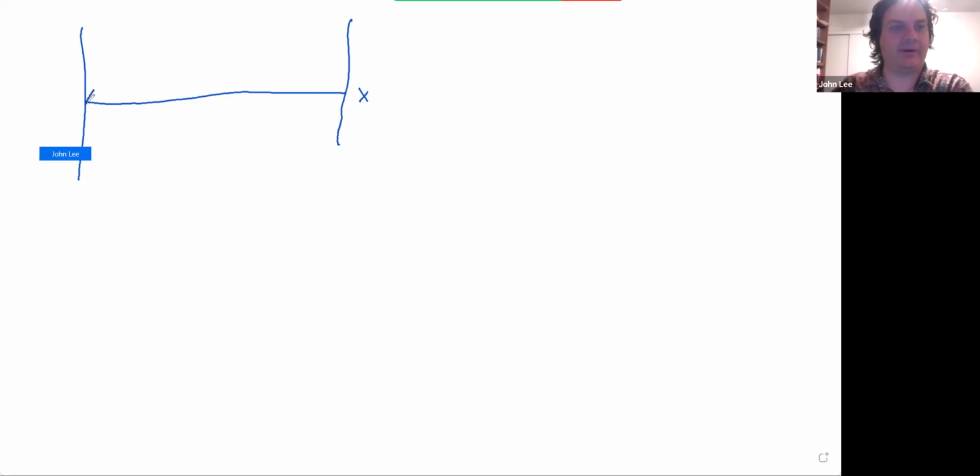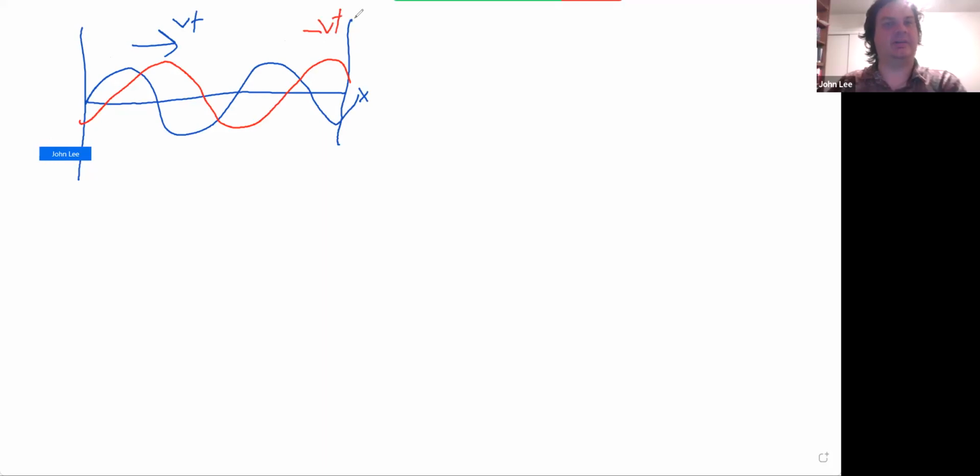But if you have a wave that's traveling with a positive vt, and then you have a wave that's traveling in the opposite direction with the same wavelength of negative vt, then the resultant wave has the same wavelength and same amplitude.